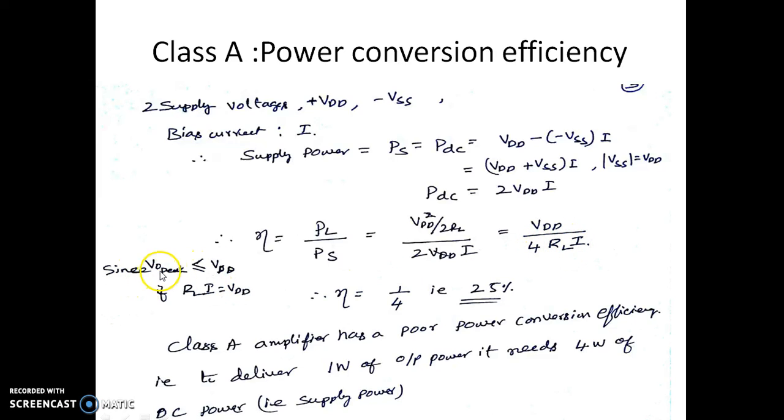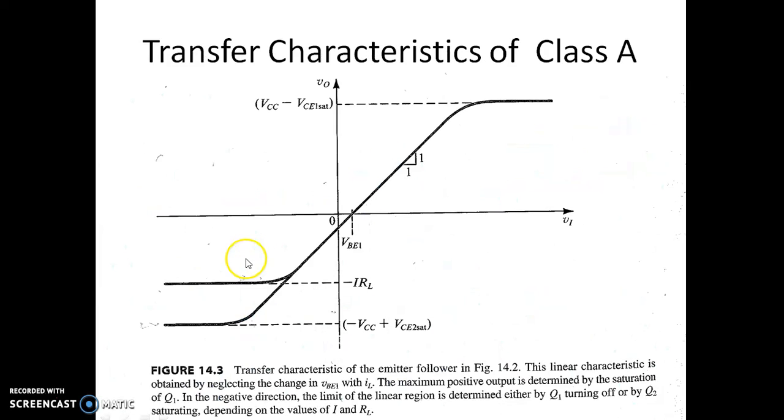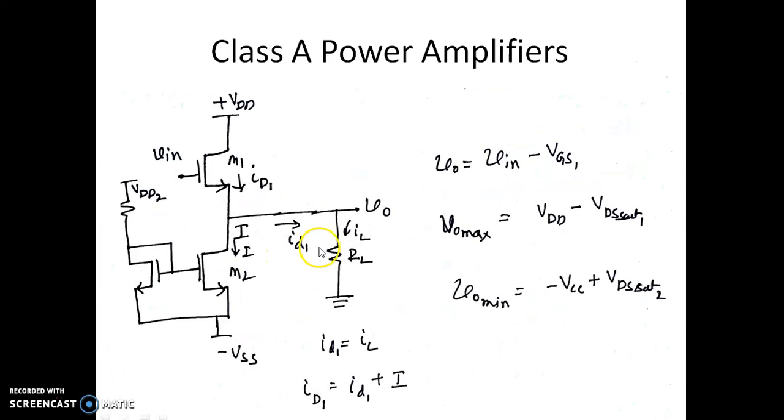Whatever output voltage we are getting is developed across the resistor RL. So whatever V0 we get is the voltage across RL. As the current flowing through this changes, V0 changes, because ID1 into RL is V0.